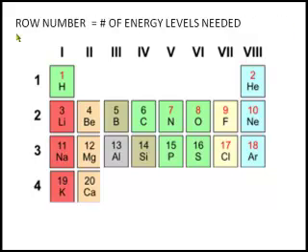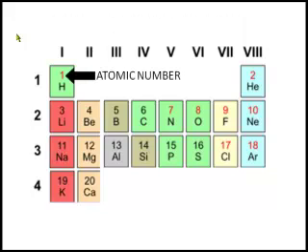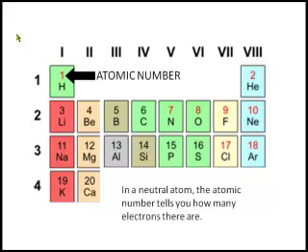The row number indicates the number of energy levels needed by atoms of each element to contain the electrons that they have. We'll know how many electrons that is by looking at the atomic number. The atomic number is the number of protons in an atom, but in a neutral atom the atomic number also tells you how many electrons there are.